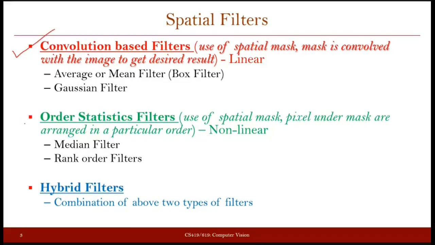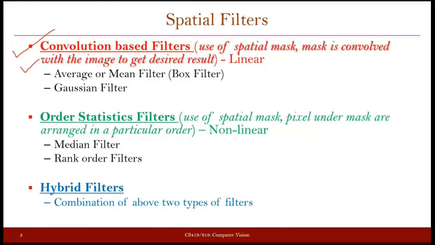Another category of filter is called order statistics filter, where we are not going to compute the new value of a given pixel as we did in the previous case. If you remember what we do in case of convolution, we compute the weighted average of the pixel intensities of the pixels in the neighborhood of a particular pixel.